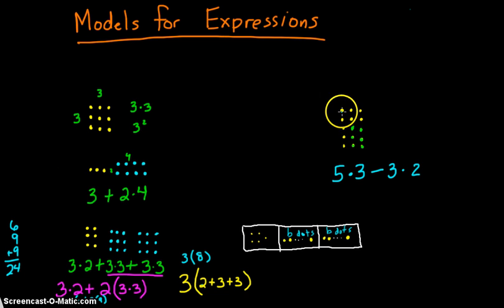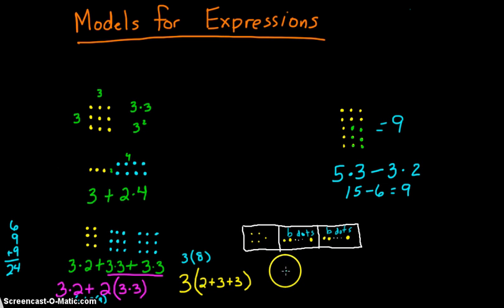Again, how do we know for right? We can count. We have 15 here. We take away 6. The answer needs to be 9. Well, let's see. 15 minus 6 equals 9. So that's a good representation.